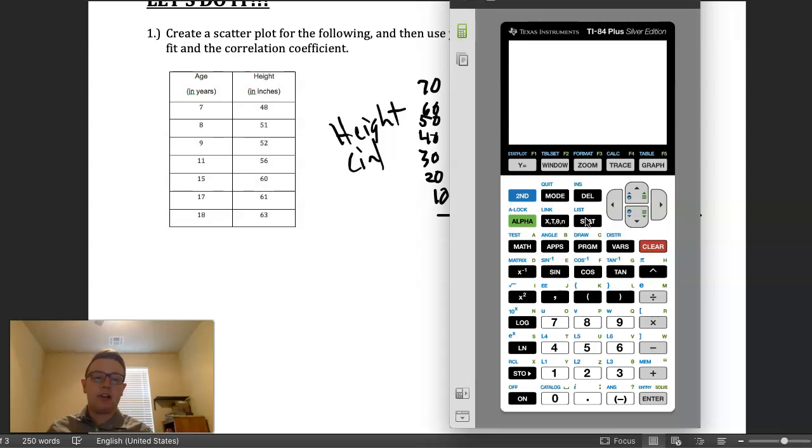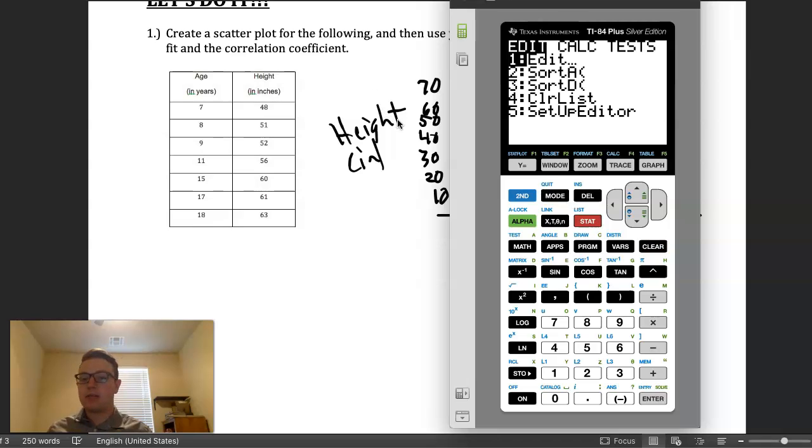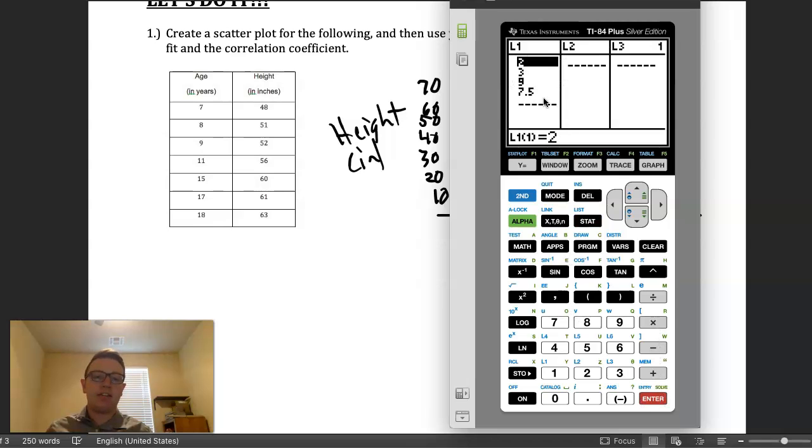So how do we do that? To make any sort of scatter plot or any sort of data, we want to go into our stats menu because scatter plots are part of statistics. From here, we're going to edit our lists. If you have information in the list, feel free to delete all of that. Now we're going to put into L1 all of the values in the first column and into L2 all of our values in the second.